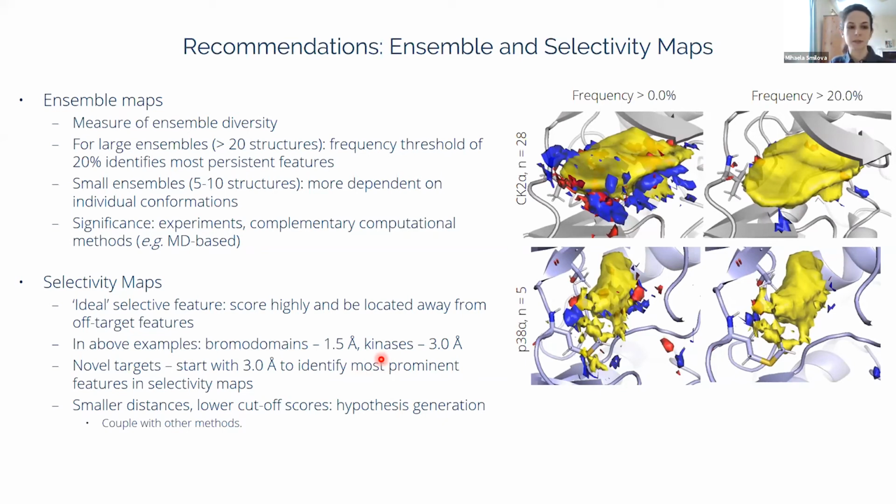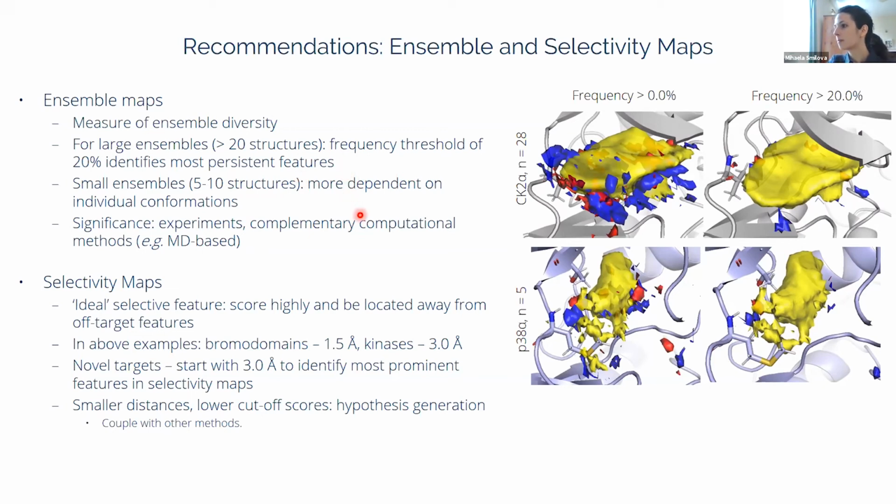For example, are certain ligand types overrepresented, and that will then inform the confidence in the features that we see in the ensemble maps. Generally, for large ensembles, so in this case above 20 structures, a frequency threshold of 20% will identify the most persistent features.